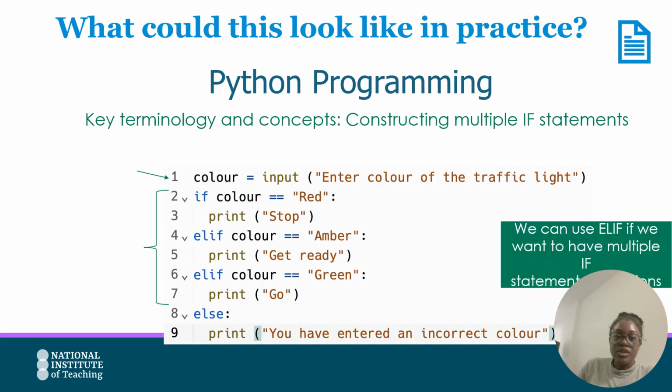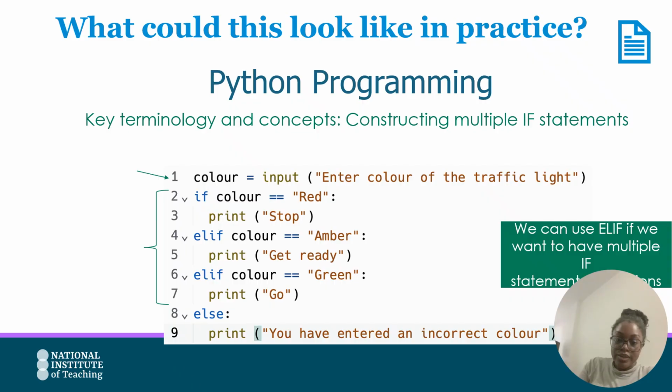So if we look at some questions around this, we can see we've got a Python programming question and we are looking at constructing multiple if statements here. So within our program, we have got an input function on that first line, asking to enter the color of the traffic light.